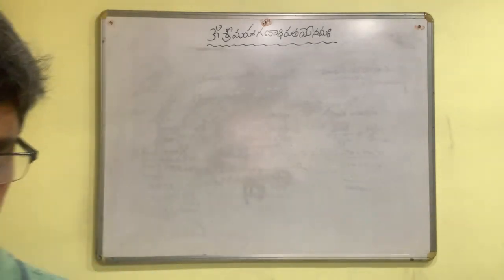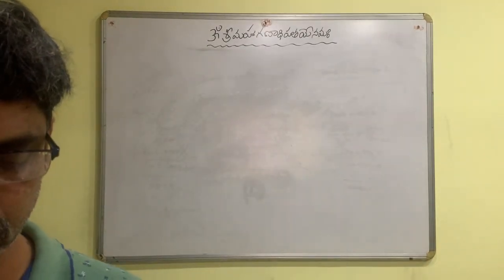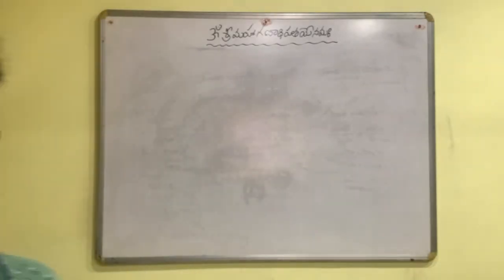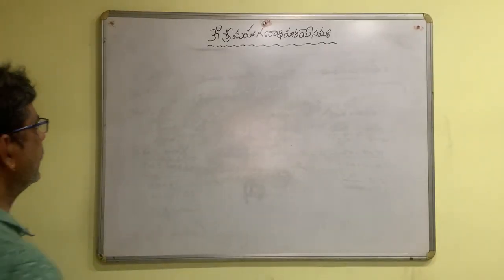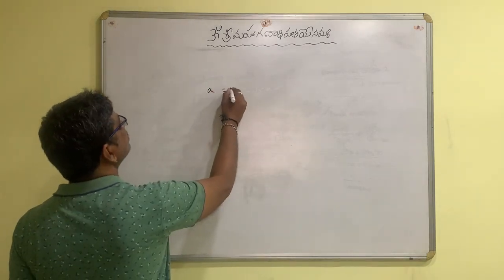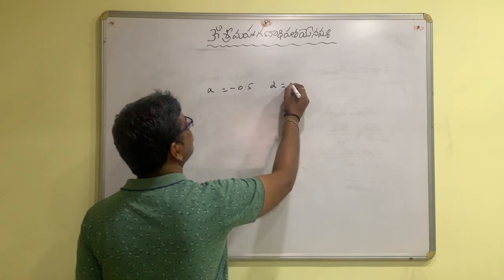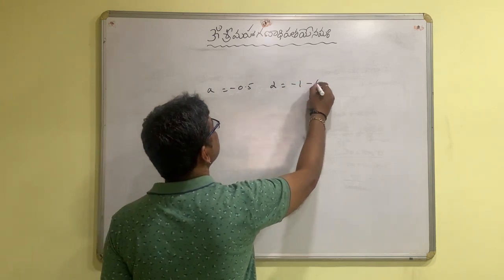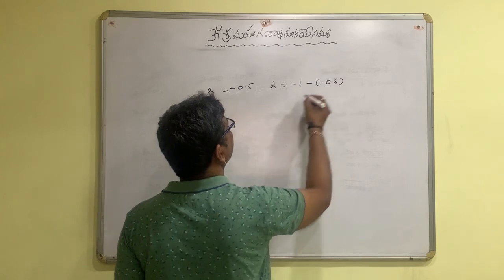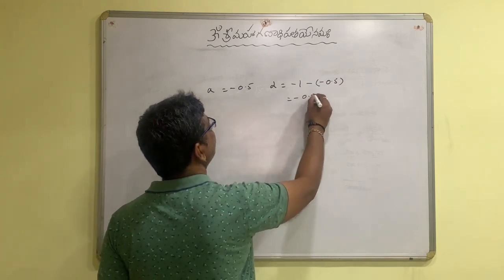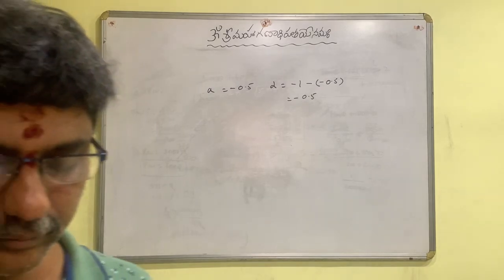Assertion, reason question. What is your option? S10 is given as 31, we need to verify. A is negative 0.5, D is negative 1 minus negative 0.5, which is negative 0.5.